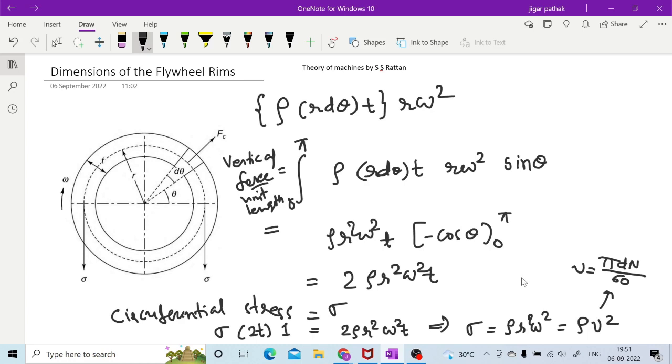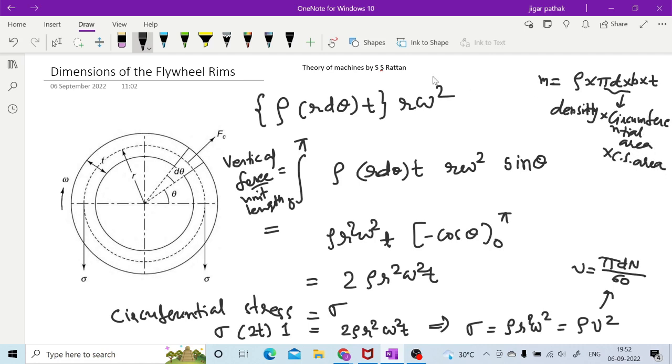And the mass of the whole flywheel can be written as rho into pi d into cross-sectional area, that is, density into circumference into cross-sectional area.